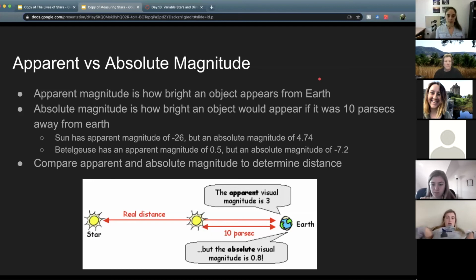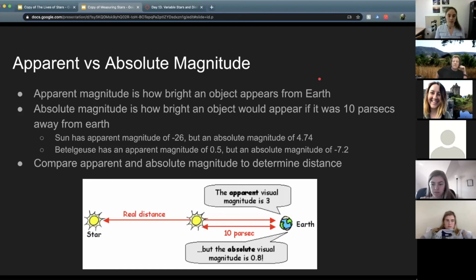For example, the sun is a lot less than 10 parsecs away from Earth, it's only 1 AU, which is about 1/200,000th of a parsec. So the sun has an apparent magnitude of -26, but if the sun was 10 parsecs away, it would have an absolute magnitude of 4.7. So a lot fainter, higher in the magnitude system.